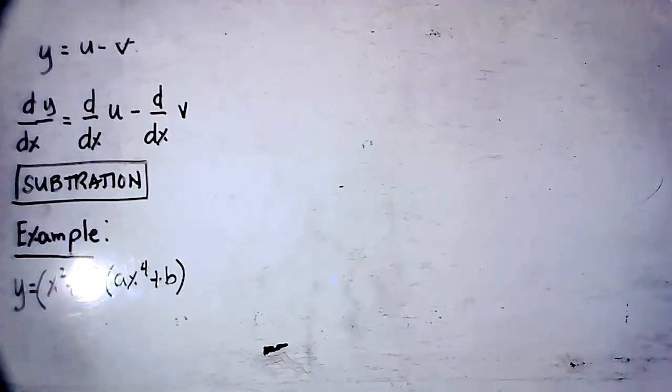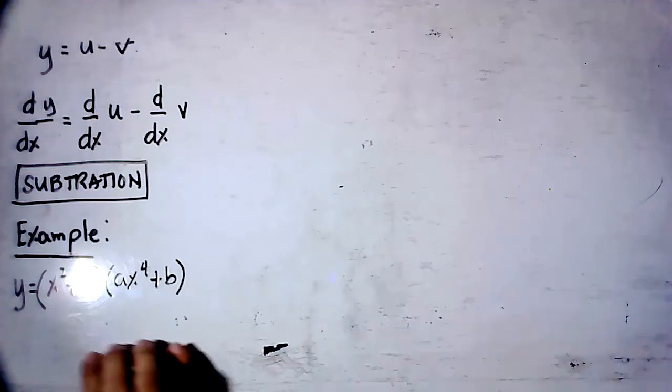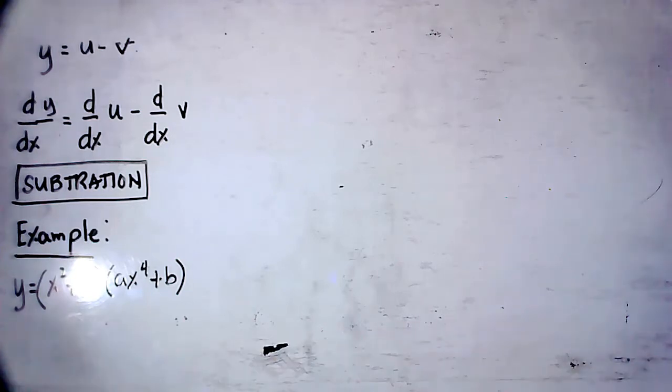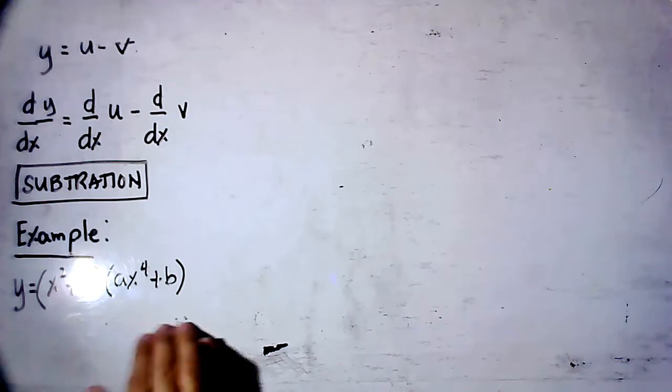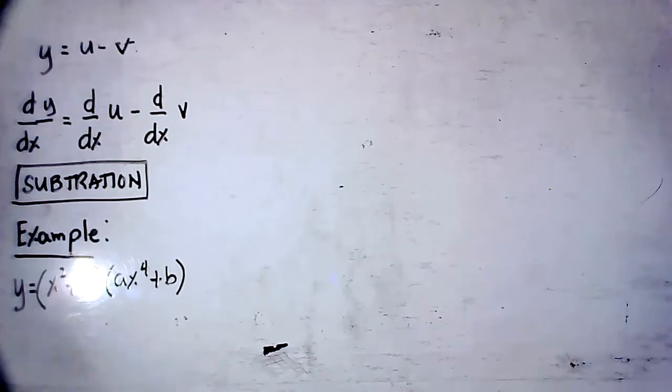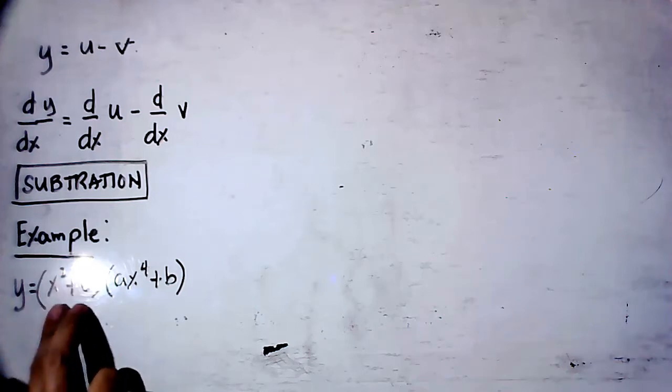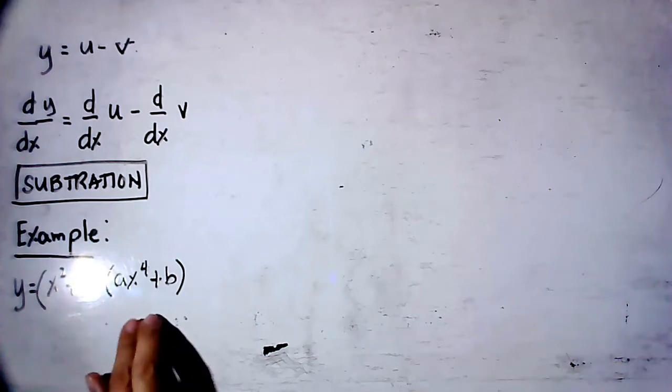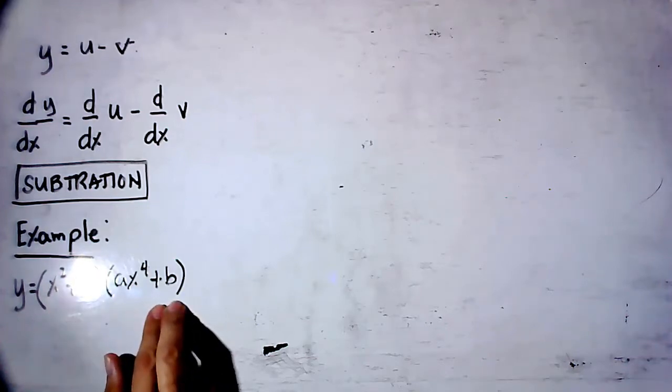There are two ways in which we may go to work considering this kind of equation. The first way is that you multiply first, then you can differentiate. So accordingly, we can multiply together x squared plus c and ax to the fourth plus b.